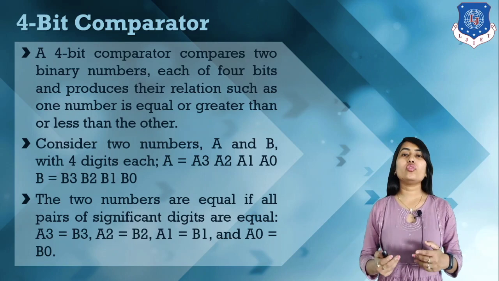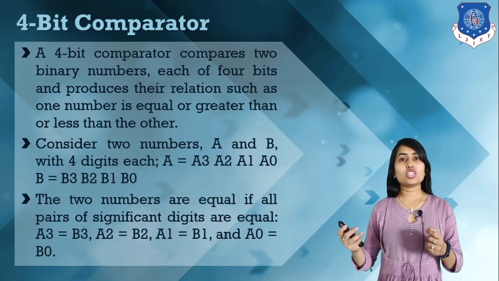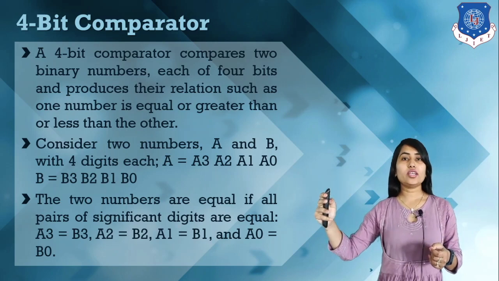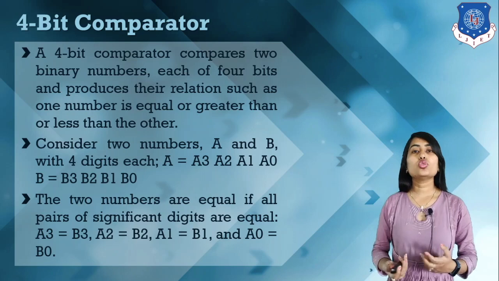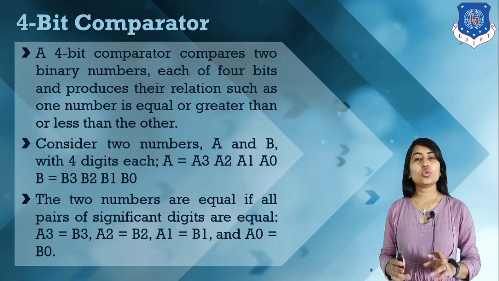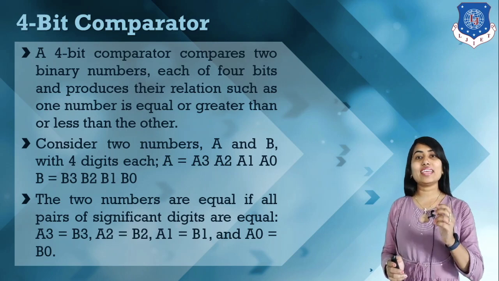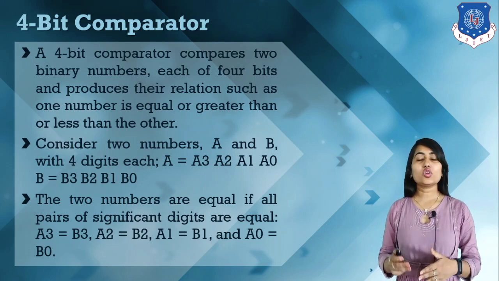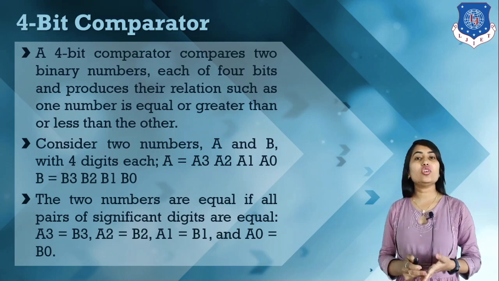So we can calculate the equations by comparing the equations of 1-bit and 2-bit comparators. For that we have to go through this concept of comparisons. For 4-bit comparators with 4 bits in A and B, how can we calculate the equations for A greater than B, A less than B, or A equals B?